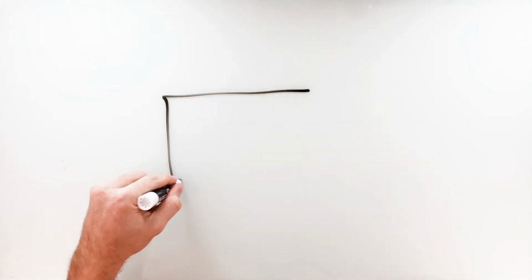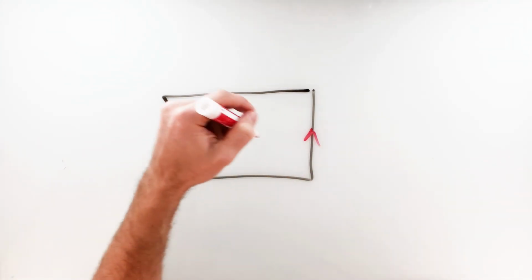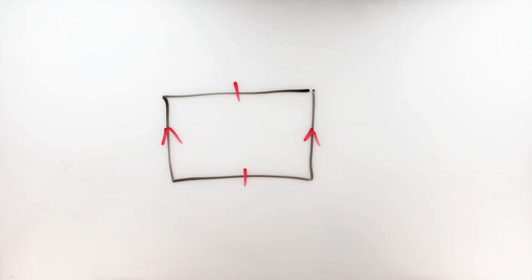Let's try another one. So think about this one for a minute. If you go based on what it looks like, you will get a different answer than what is given to you in the picture. Careful now. Is it a rectangle? Maybe.